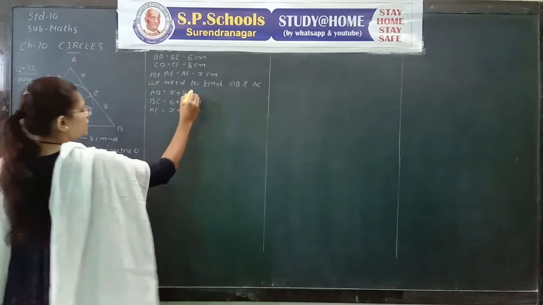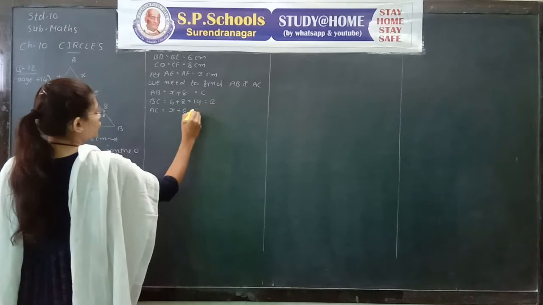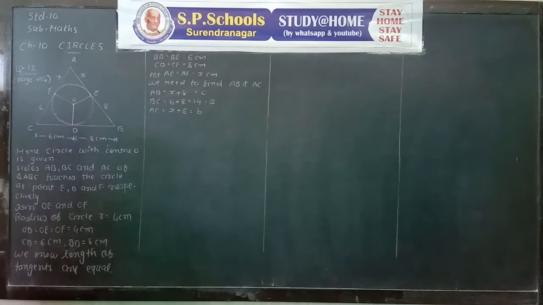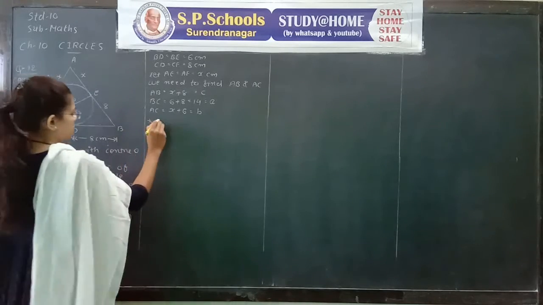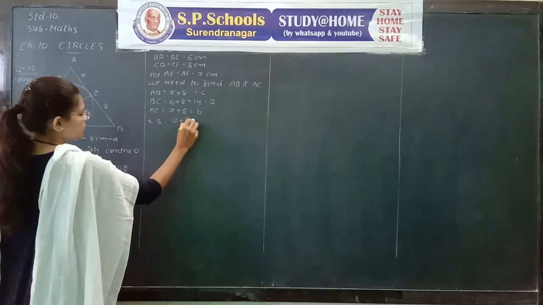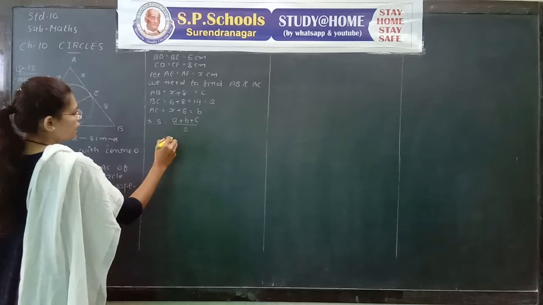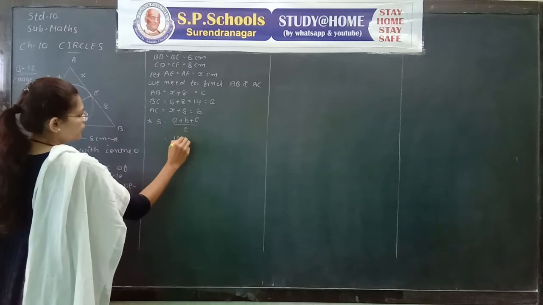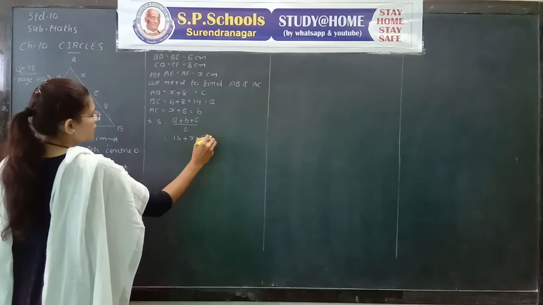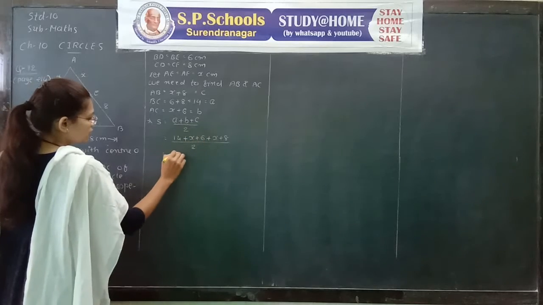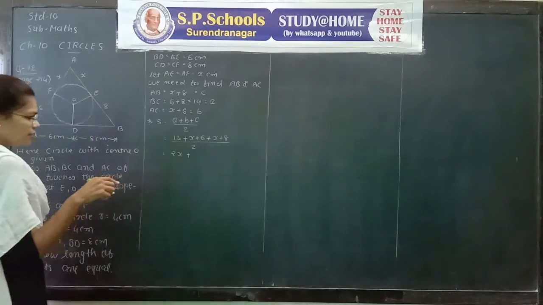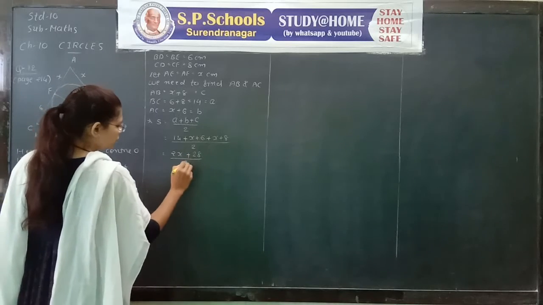As we know, AB is called small c, BC is small a and AC is small b. Here, first of all, apply Heron's formula to find the area of triangle ABC. For that we require the semi-perimeter s. s is equal to a plus b plus c upon 2, where a is equal to 14, b is equal to x plus 6 and c is equal to x plus 8, upon 2. x plus x is 2x, 14 plus 6 plus 8 is 28, upon 2.